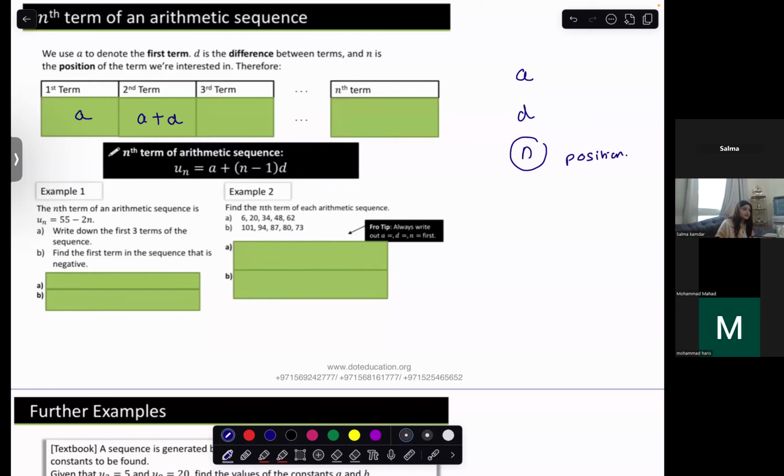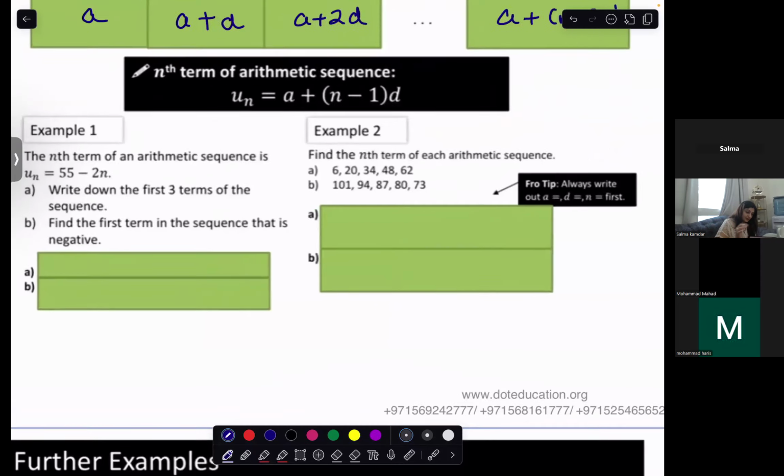Third term, A plus 2D. Nth term, A plus (n minus 1) times D. Remember, whatever your term is, your D will be 1 less than it. Are you with me?